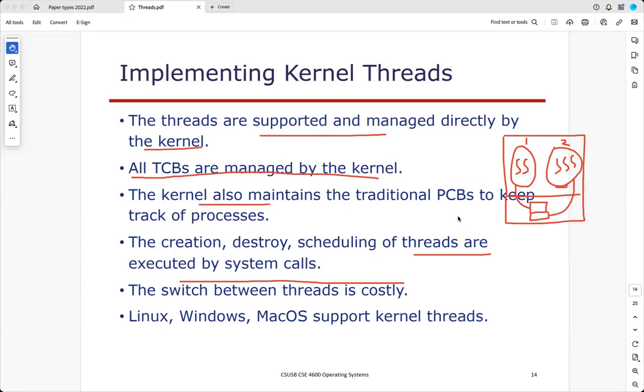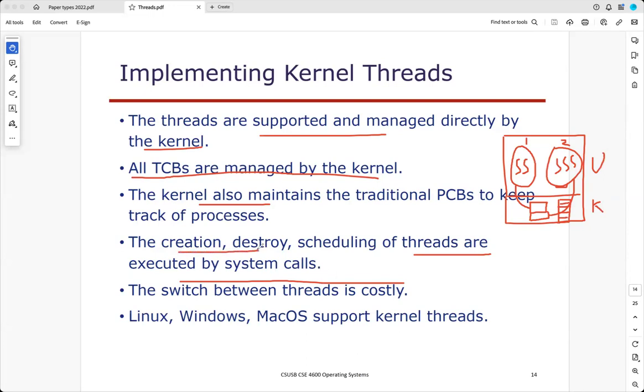And now the kernel will maintain these 2 process control blocks and will also maintain these 5 threads: 2 threads belong to process 1 and 3 threads belong to process 2. This is in the kernel space, not user space.